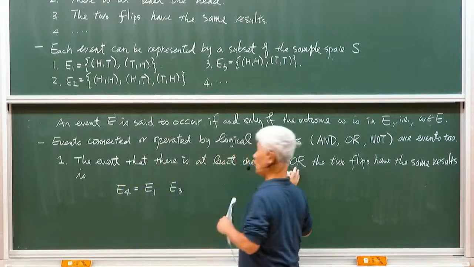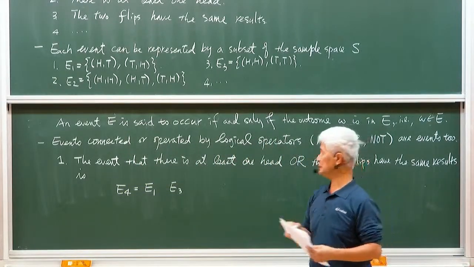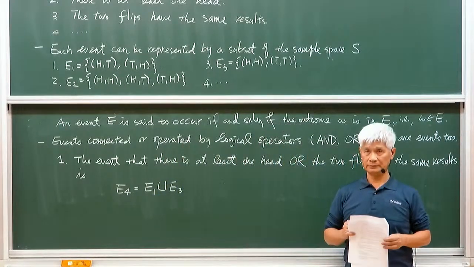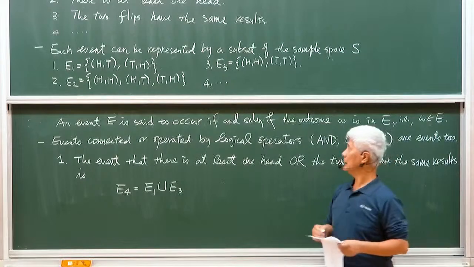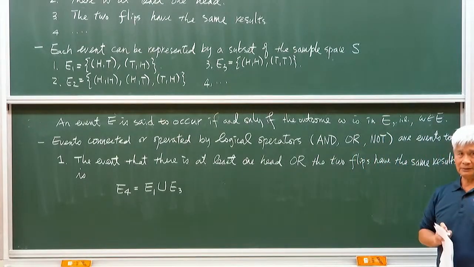And the logical or corresponds to the union in set theory. The and corresponds to the intersection.